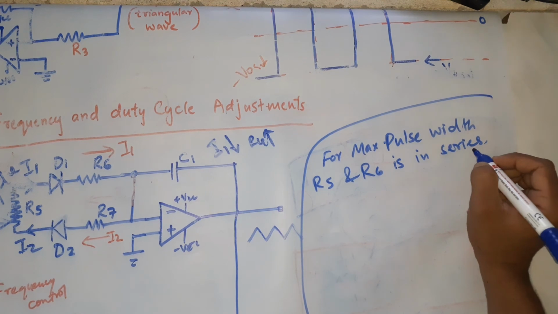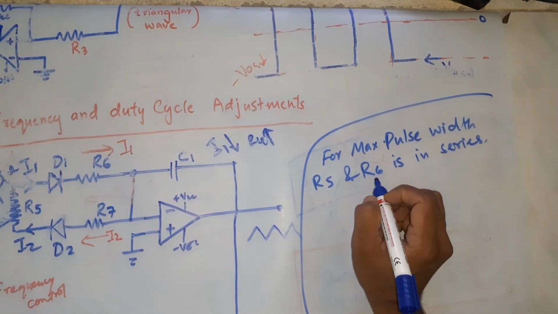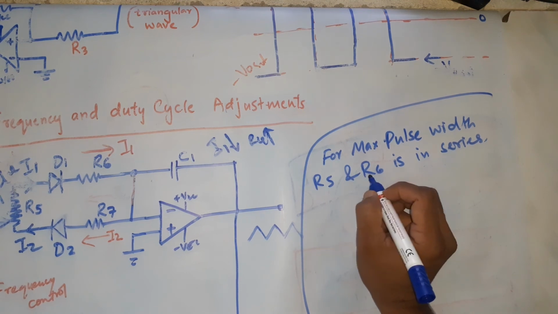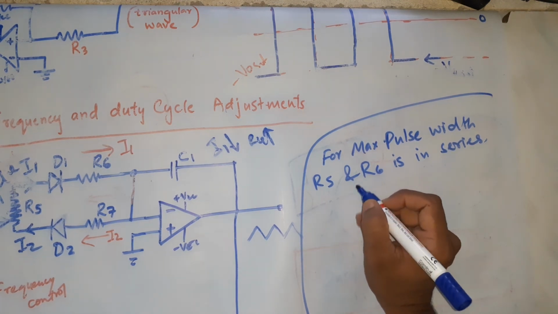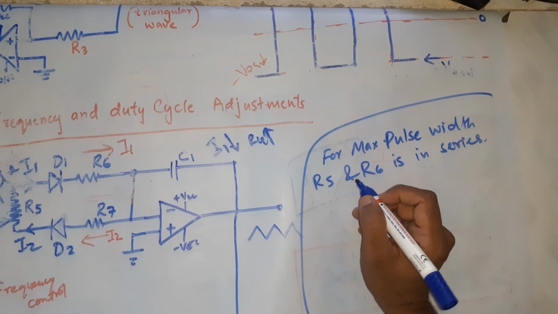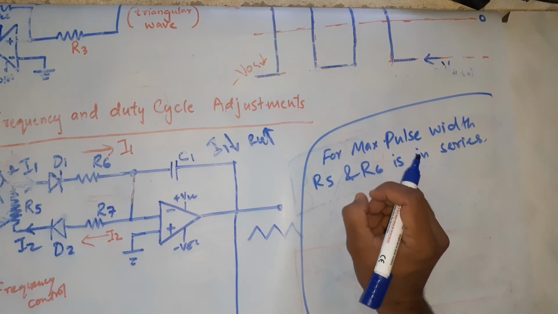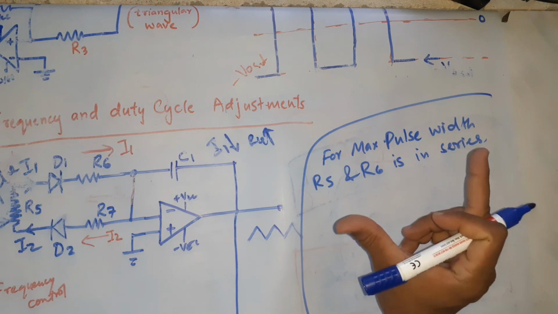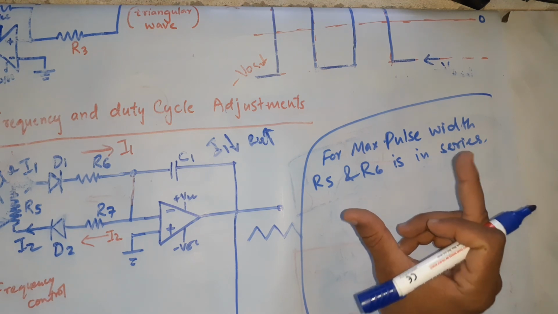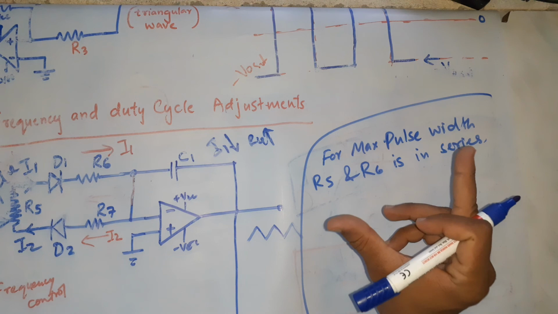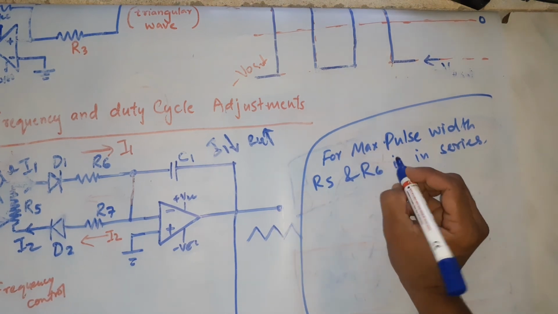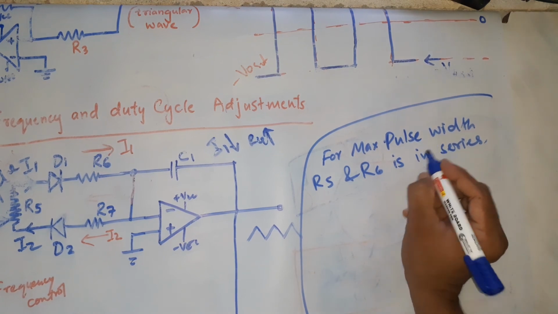Why is this? R5 and R6 in series means more resistance. With more resistance, current will be less. If current is less, charging will be slow. If charging is slow, the time duration will be large. So pulse width will become wide. So for maximum pulse width, R5 and R6 should be in series.